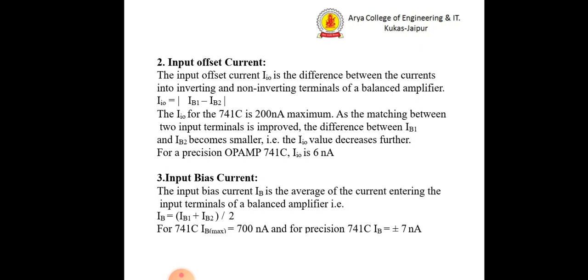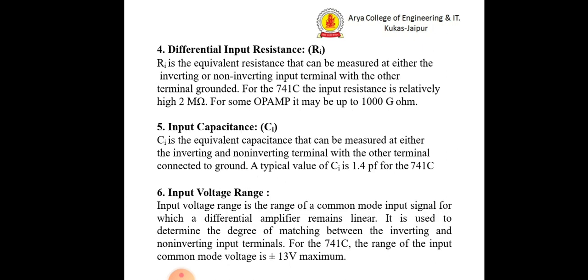The value of the input bias current is about 700 nanoampere for a 741, and this was the maximum value. For a precision op-amp, IB is equal to plus or minus 7 nanoampere.